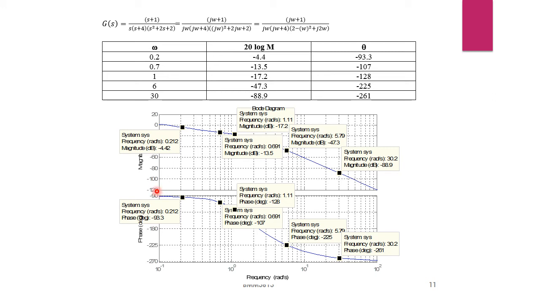The way to describe it is, as the frequency of excitation increases, meaning as your input gets higher and higher in frequency, your output will give a different response. As the frequency increases, the gain, or the change in magnitude, will drop.